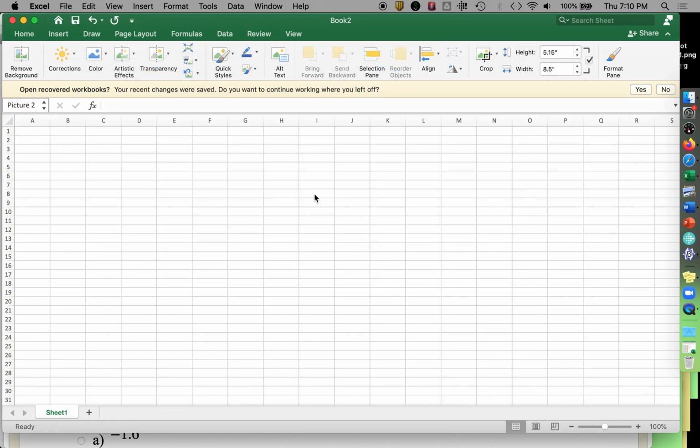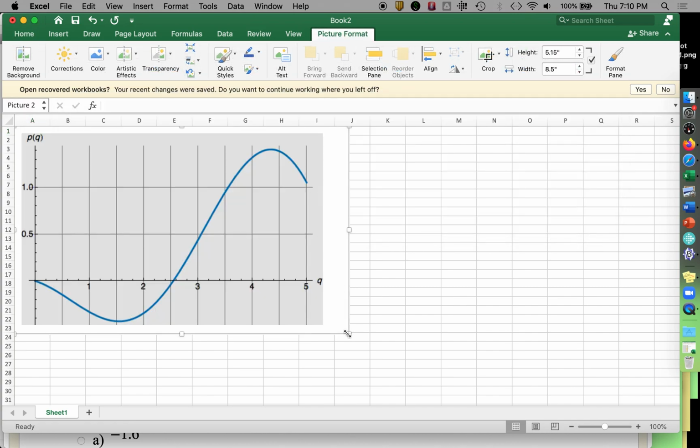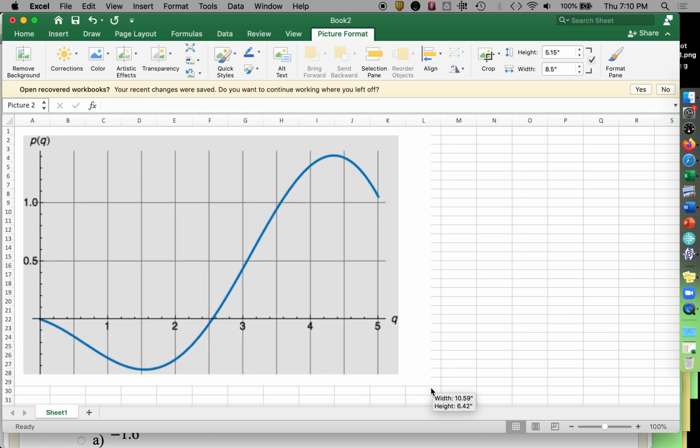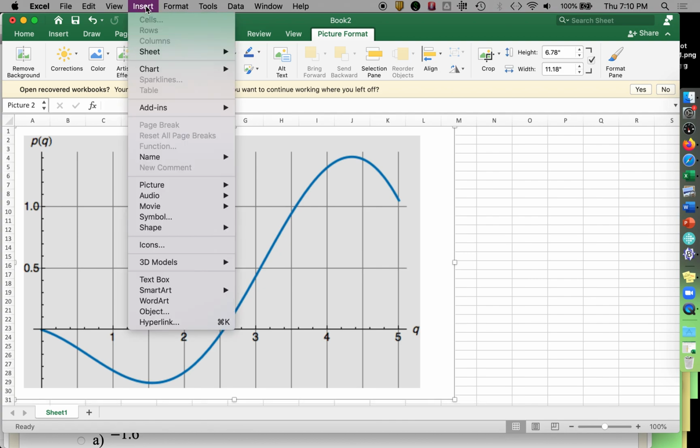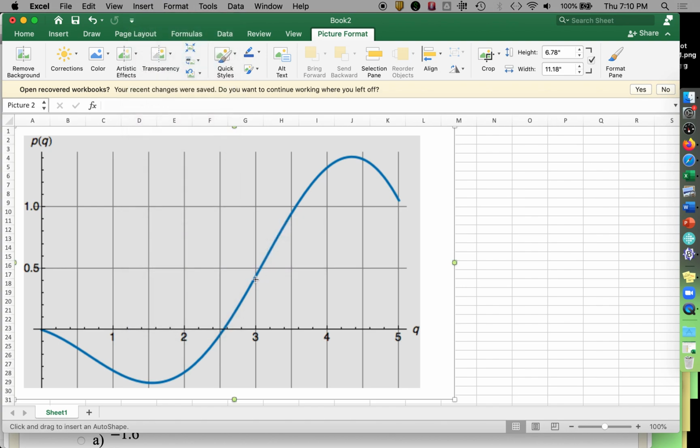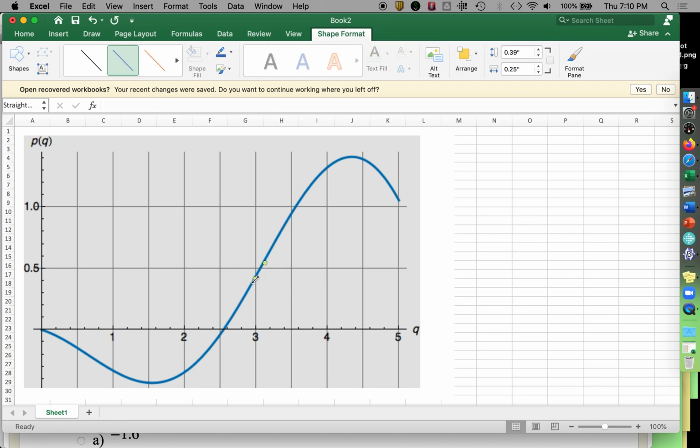And draw a line on it. So here's the picture. I'm dragging it from the corner, which keeps the perspective. In Excel I just do Insert, Shape, and then Line. What I'm trying to do is make a little line segment that looks a lot like the function itself right there at q equals 3.